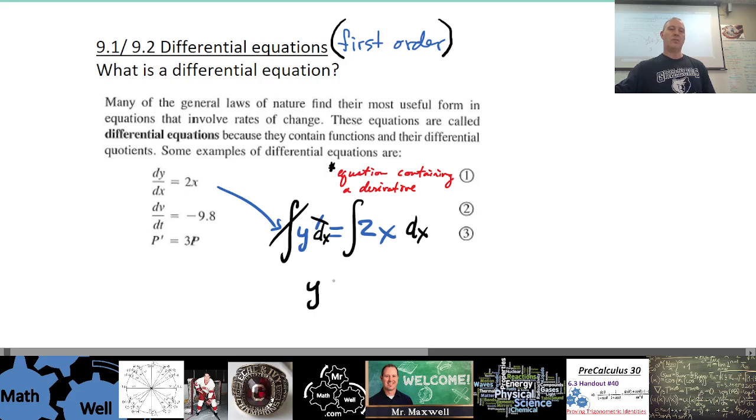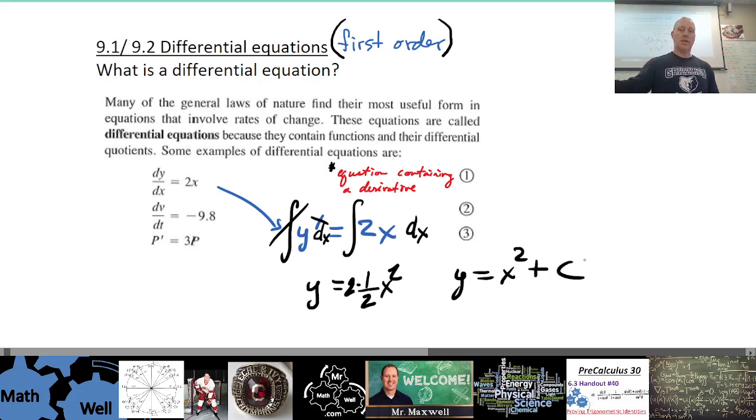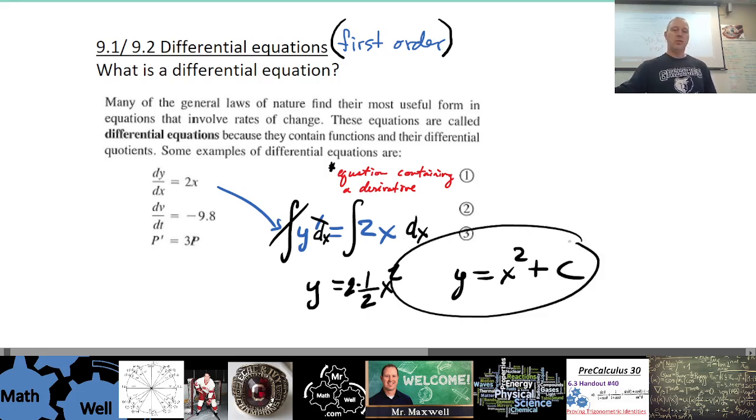So we have y in terms of x here, equaling 1/3 x cubed times 2. Does that look, 1 over 2 x squared times 2. And so this would be, y equals just x squared plus C, some constant c. So that's what we would normally do, and that's where we left it because we don't really know what the constant was in the original question. Well, now we're going to introduce some initial conditions so that we can determine what c is. That's basically the big difference between this lesson and what we've done so far with antiderivatives.